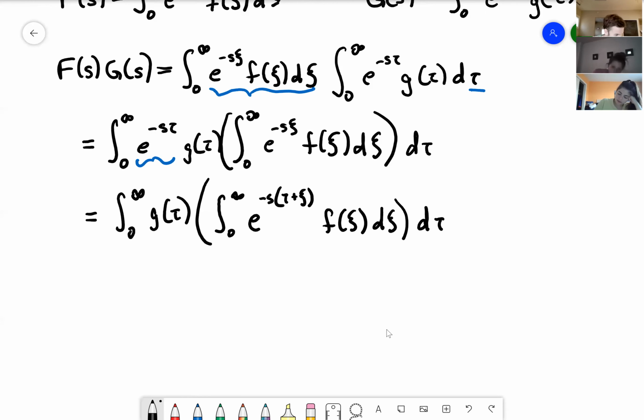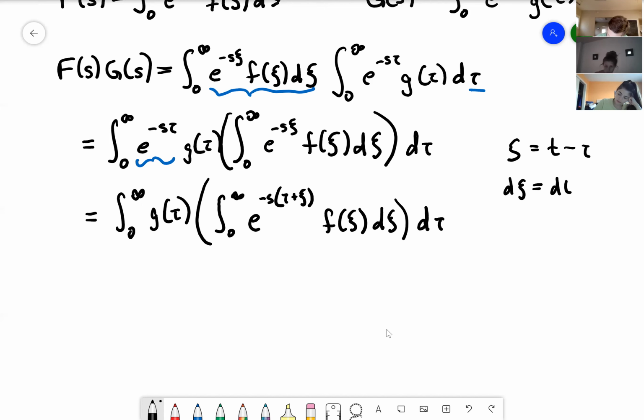Now we're going to do a little change of variables. We're going to rewrite c as t minus tau. So given any tau, we can write c in terms of it. And we get dc is equal to dt, since we want this in terms of t.